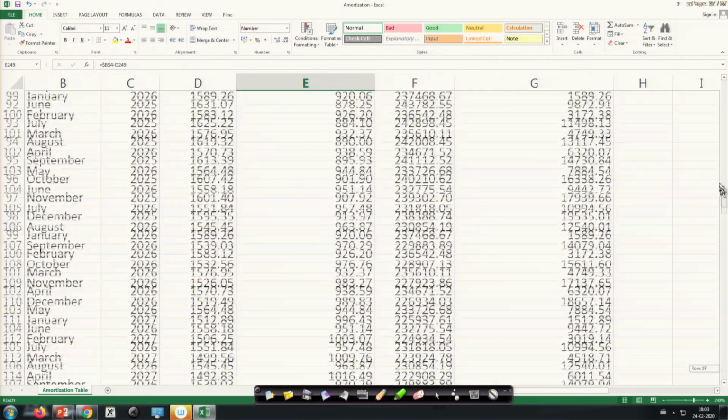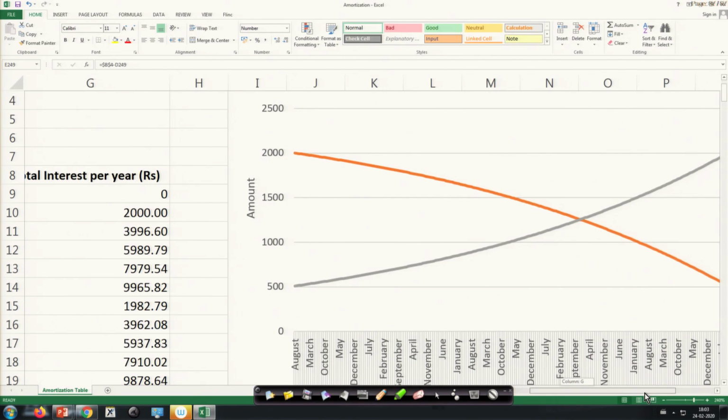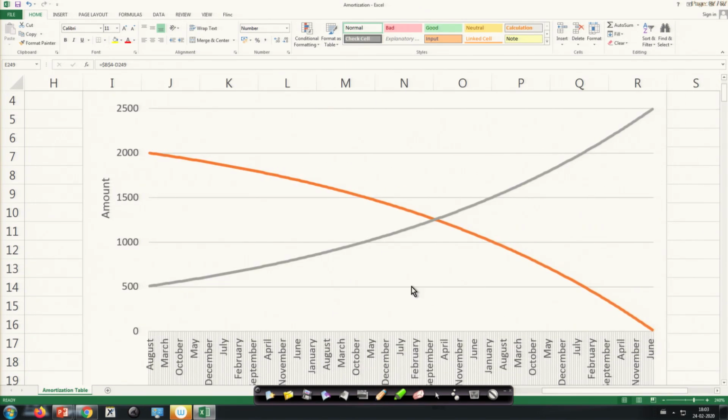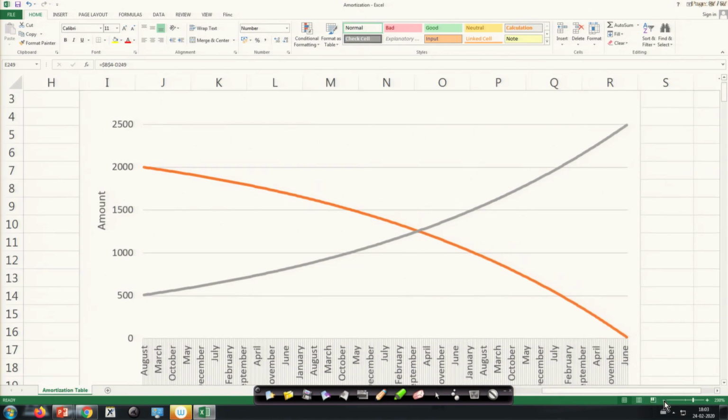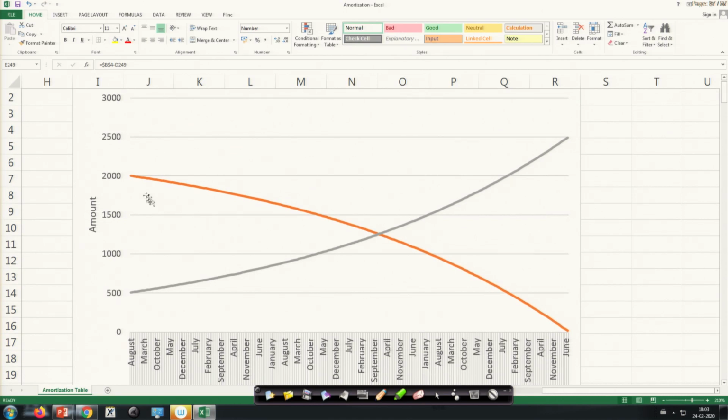So, if we try to plot this example, the graph that we get is basically the same graph that we were trying to understand, which shows that the amount of interest going to the interest component is reducing, and the amount of money going towards balance reduction is increasing over the period.